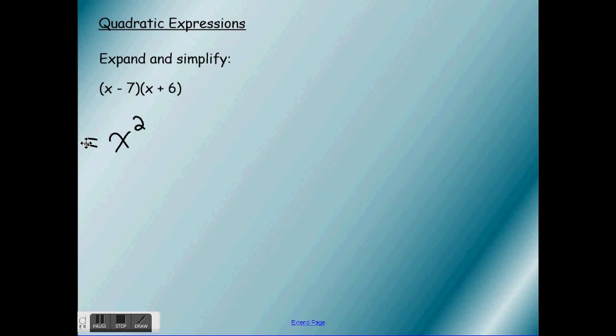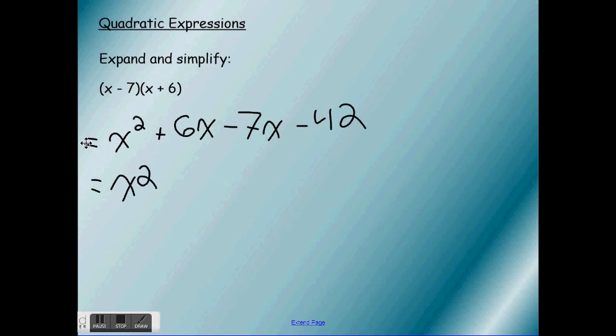What's next? X times 6, which is 6x. Then negative 7 times x, which is minus 7x. And the last one, negative 7 times 6, which is minus 42. Exactly. And then you have to simplify, which gives us x squared minus x minus 42.